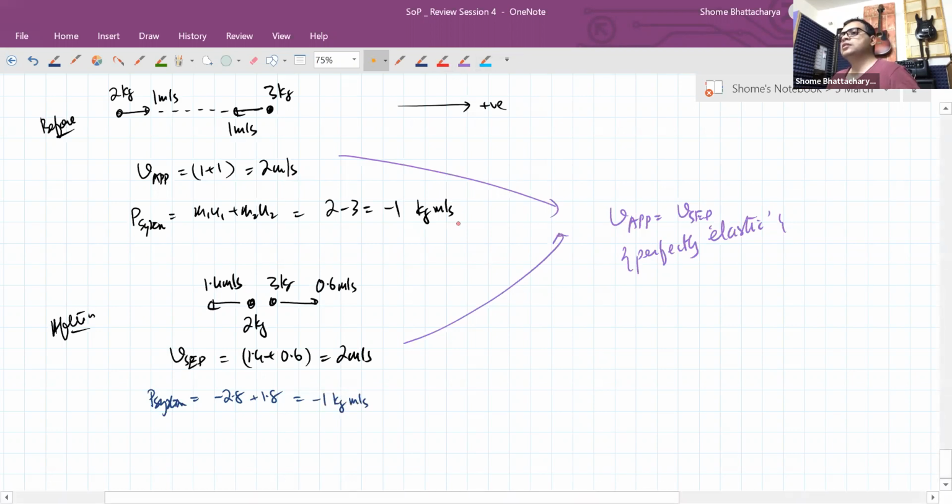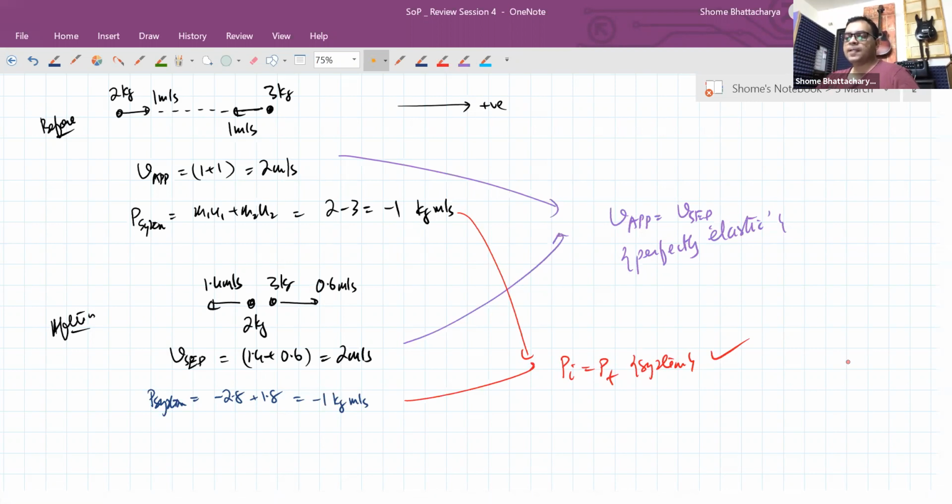Connecting this and this, we can see that the initial momentum is equal to the final momentum for the system, which again is in agreement with the derivational principle that if the collision is perfectly elastic, then the momentum of the system before and after is conserved. Similarly, we can also check that the kinetic energy is conserved. You can see that the initial kinetic energy of the system was half into 2 into 1 square.